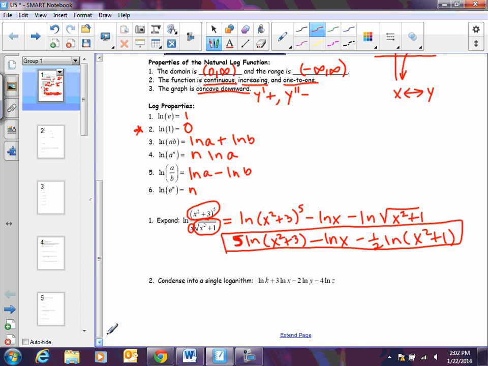Okay, I want you to see if you can go ahead and do the second one on your own. Sometimes I think condensing is actually easier. There's sometimes when you want it to just be 1 log instead of several.